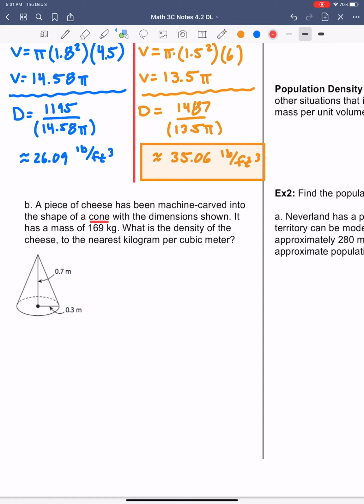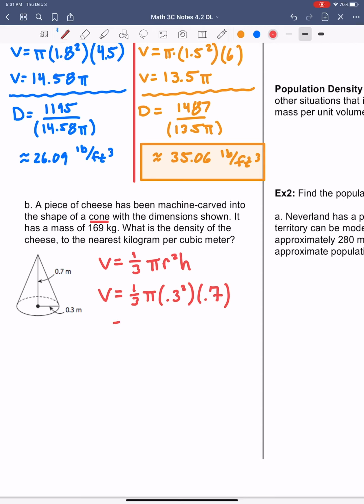So first we need to know the volume for a cone. So V equals, for a cone, that's going to be 1/3 pi r squared h. All right, and so then we're going to go ahead and punch these pieces in to find the volume of this cone. That's going to be 1/3 pi. My radius is 0.3 squared times the height, which they give me as 0.7.